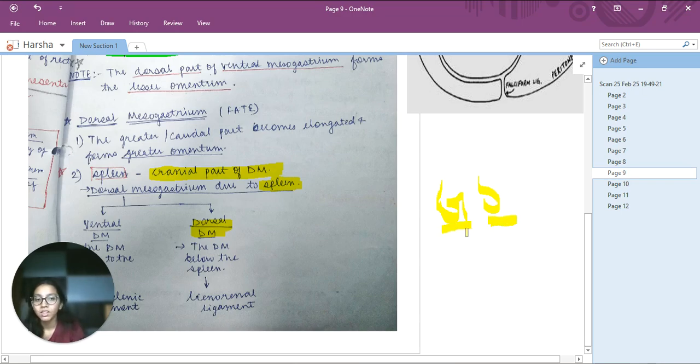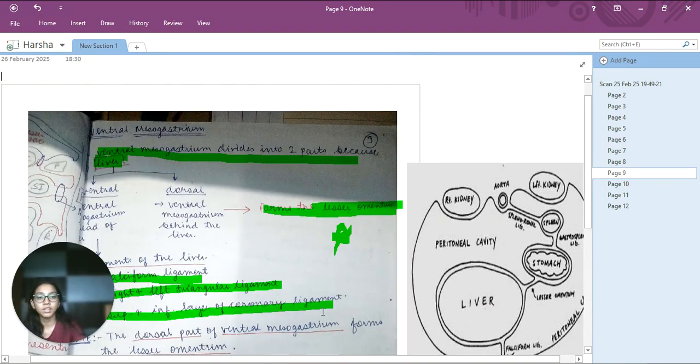The ligament connecting the stomach to the spleen is known as the gastrosplenic ligament, and it is formed by the ventral dorsal mesogastrium. Next is the dorsal mesogastrium, which lies below the spleen, and it forms the lienorenal ligament. This is one of the ligaments of the spleen, which will be studied in detail with the spleen.